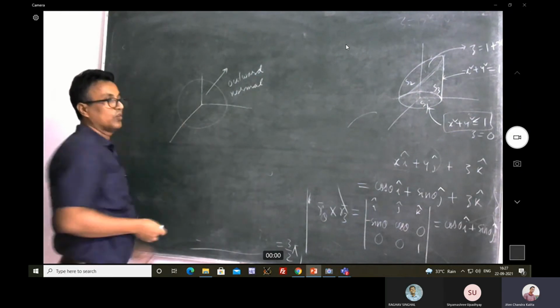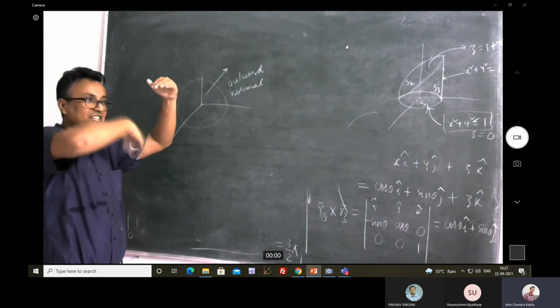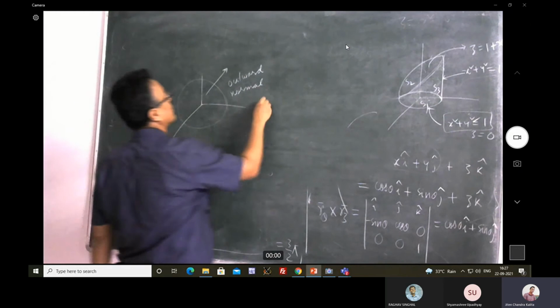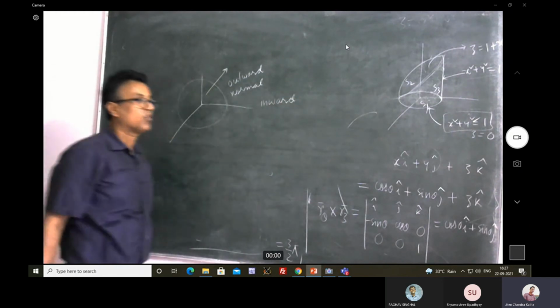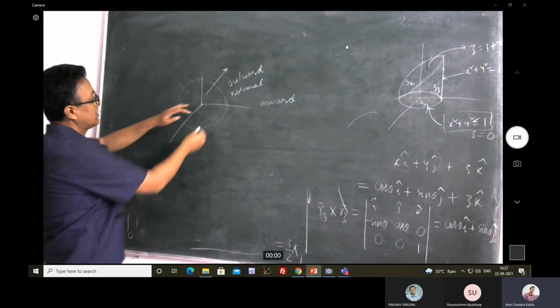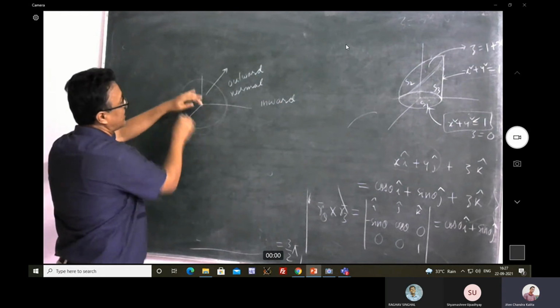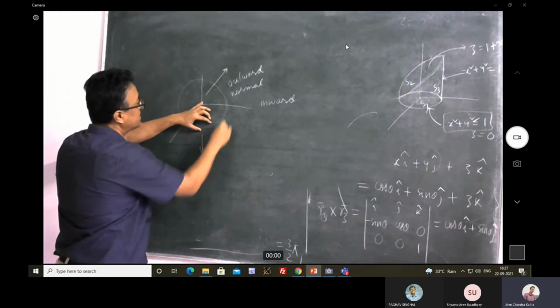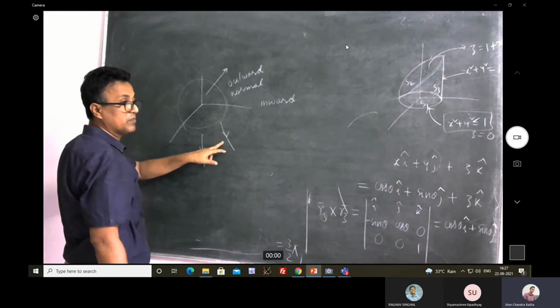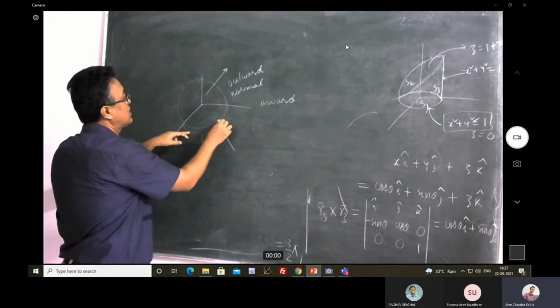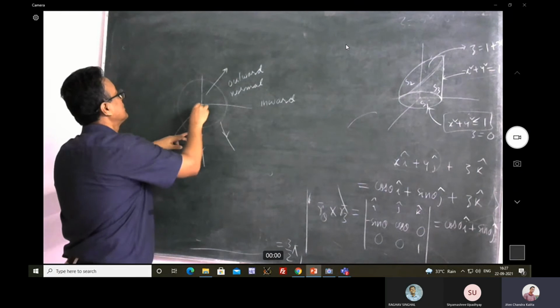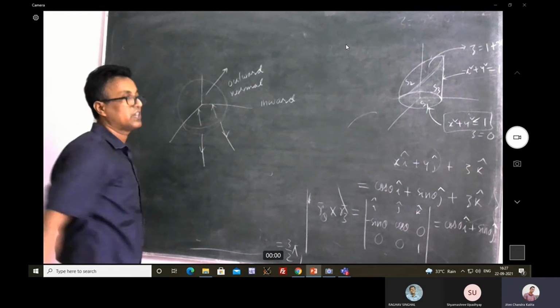And those which are inside, I am going to call inward. And again, remember, if I consider the lower hemisphere here, these are still outward normals. You have to remember this. In the lower hemisphere, the inward normals are going to be in these directions.